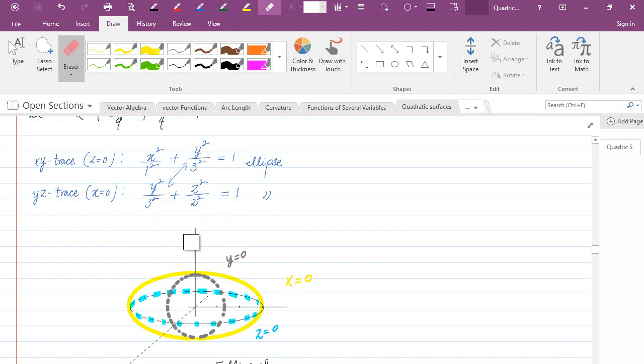The vertices of the ellipse: the first ones are at the points 1, 0, 0 and negative 1, 0, 0. The other two vertices would be at 0, 3, 0 and 0, minus 3, 0, which are here and here. These two ellipses will meet at the points 0, 3, 0 and 0, negative 3, 0.